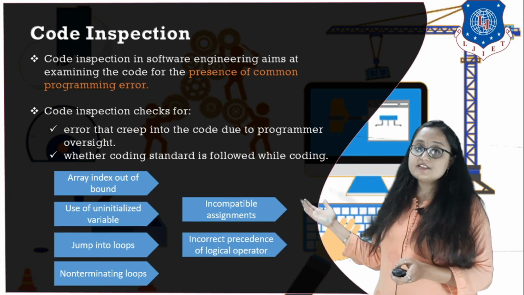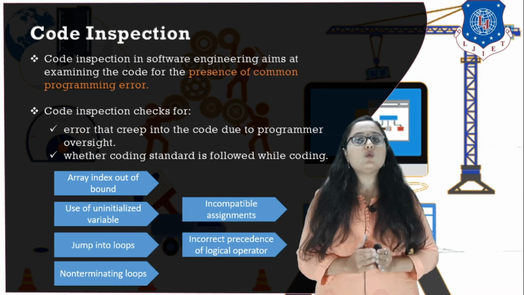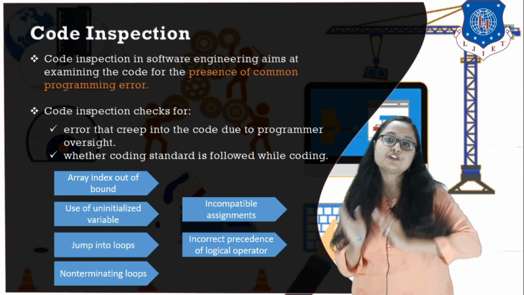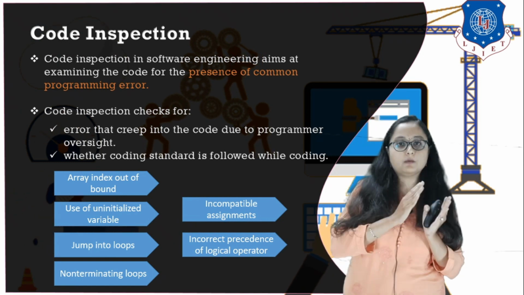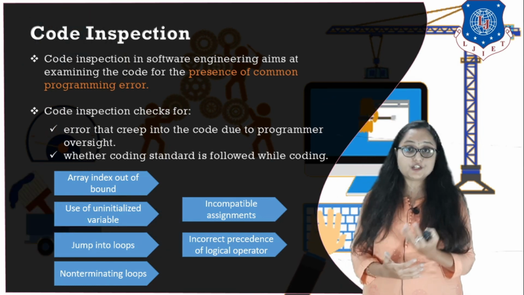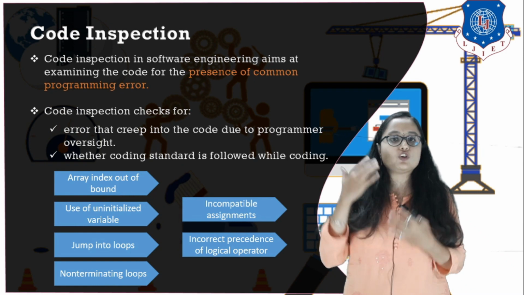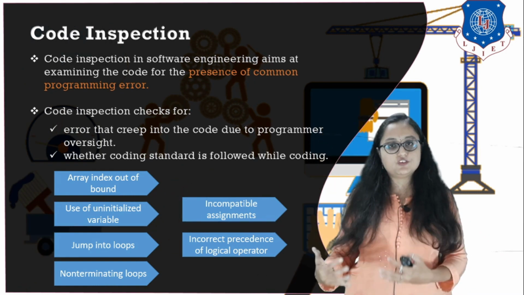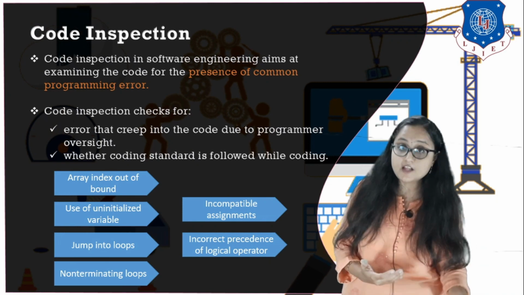And the next is incorrect precedence of logical operator. Now you know what operator precedence means, that you have studied in data structure, in your prefix to postfix conversion, right? So we are well aware about operator precedence, that which operator is given more precedence. We know that all the operators like plus, minus, division, multiplication, brackets, everything has its own precedence number.